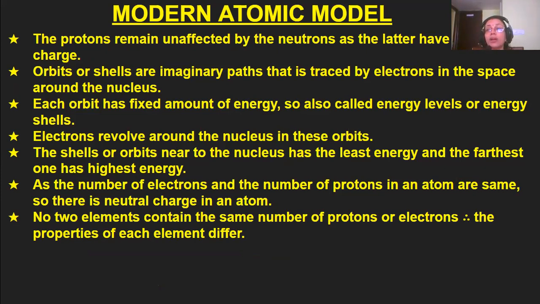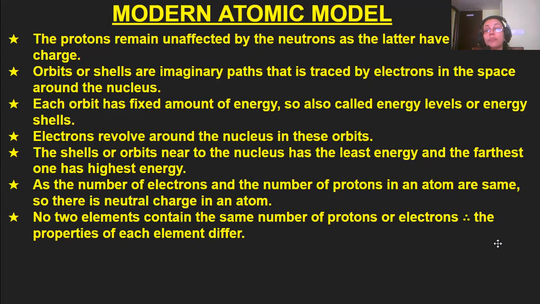The orbits or shells are imaginary paths traced by electrons in the space around the nucleus. Each orbit has a fixed amount of energy, so they are also known as energy levels or energy shells. The electrons revolve around the nucleus in these orbits.